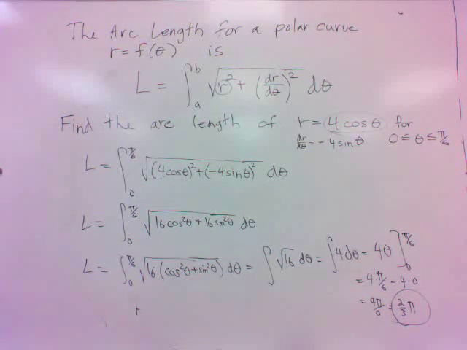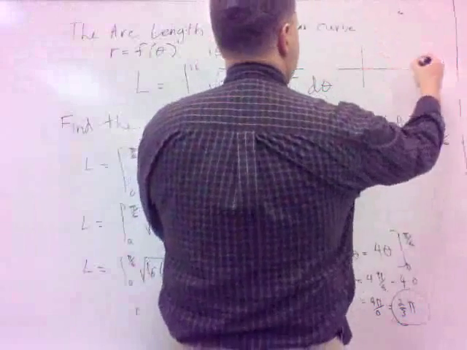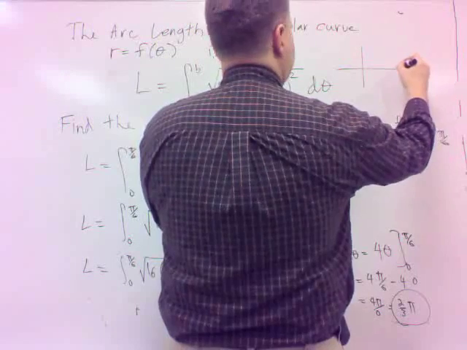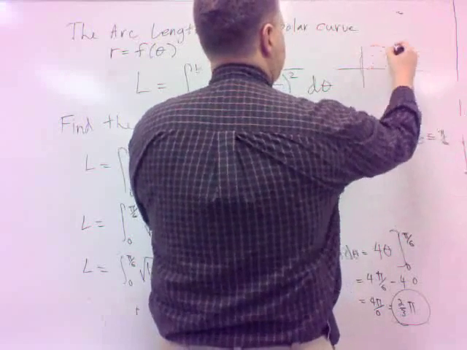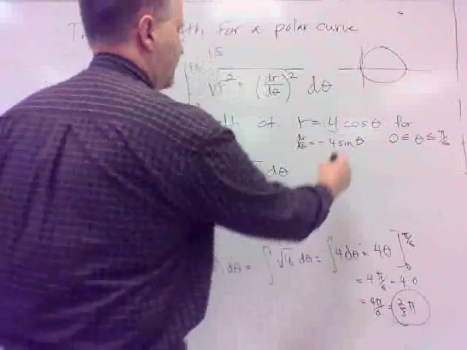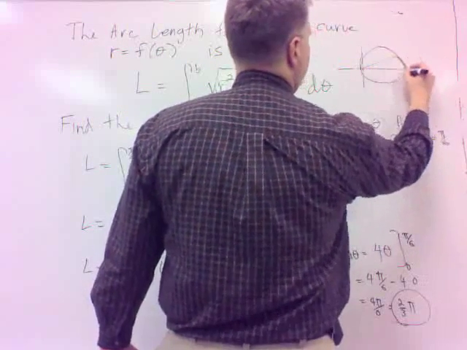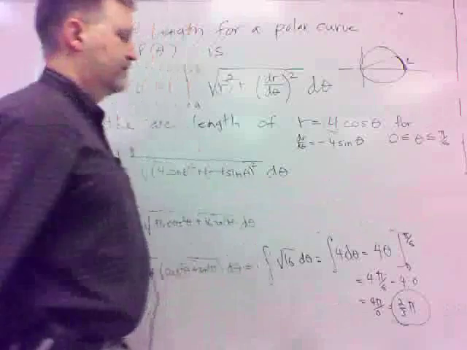Yeah, best I can tell, it's something kind of oval like that. But from 0 to pi over 6, that length right there is 2/3 pi.